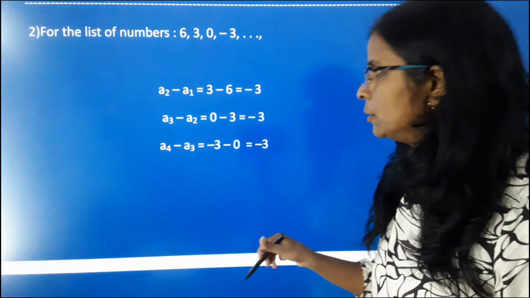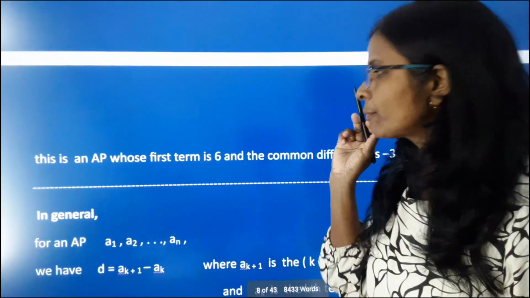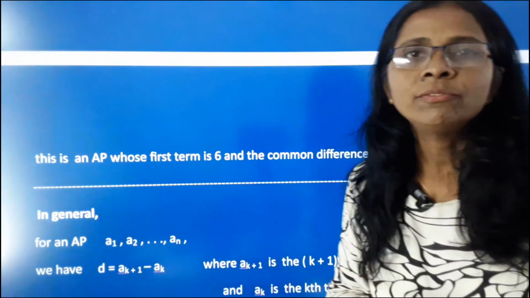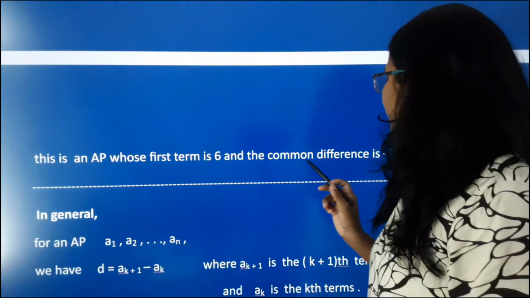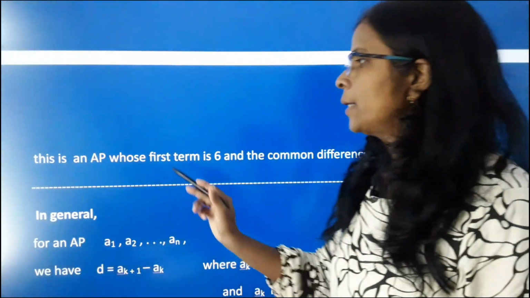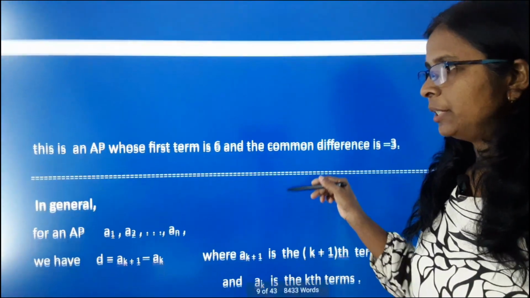So now if you observe, you get the common difference equal. So we say that the common difference is minus 3 and the first term is 6 in this AP.